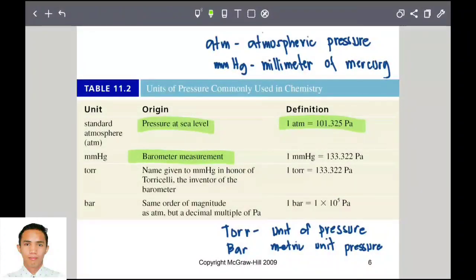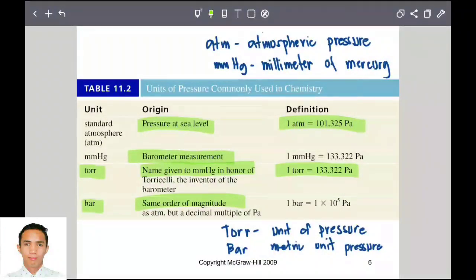Then we have torr, named after Torricelli, the inventor of the barometer, and 1 torr equals 133.322 Pascal. Then we have bar, the same order of magnitude as ATM but a decimal multiple of Pascal.